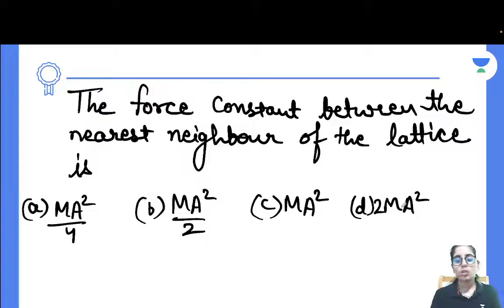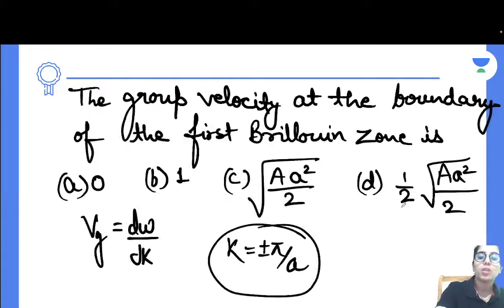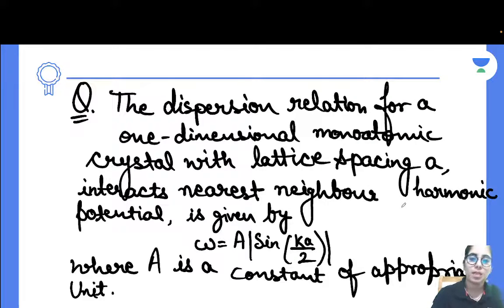So same question, same initial part, just this time you have to find the force constant between the nearest neighbors. This is basically a question from the lattice vibration part. In this case, they are talking about the 1D monoatomic crystal lattice. Omega is given to you, so you have to compare it with the standard expression.